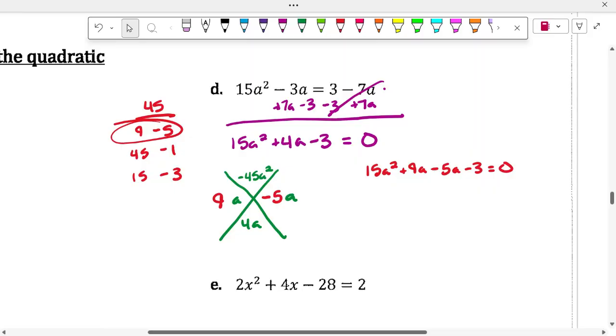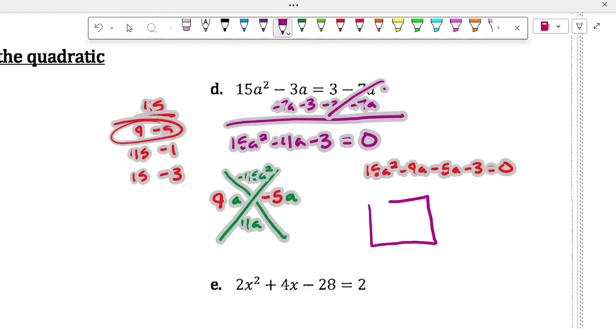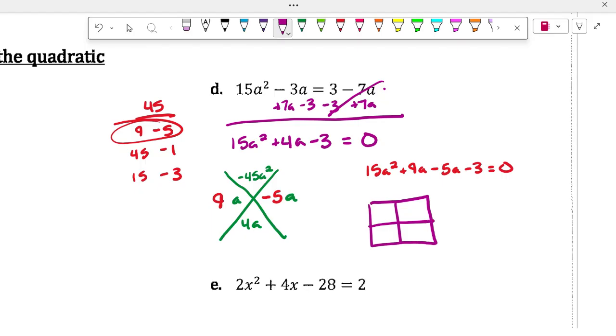Which method do you want me to use? Okay, I heard reverse box. So what goes in the top left? 15a squared. What goes in the bottom right? -3. And then the 9a and -5a will just fill in wherever they have place.